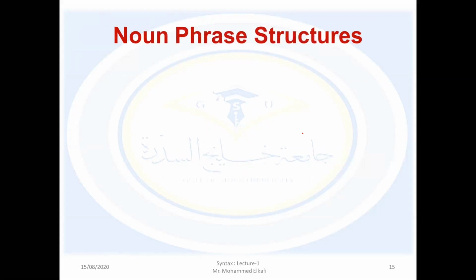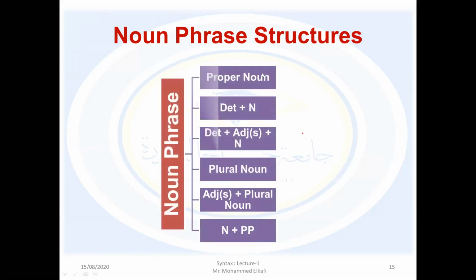The second structure is noun phrase structure. We have some different noun phrase structures, about 6.